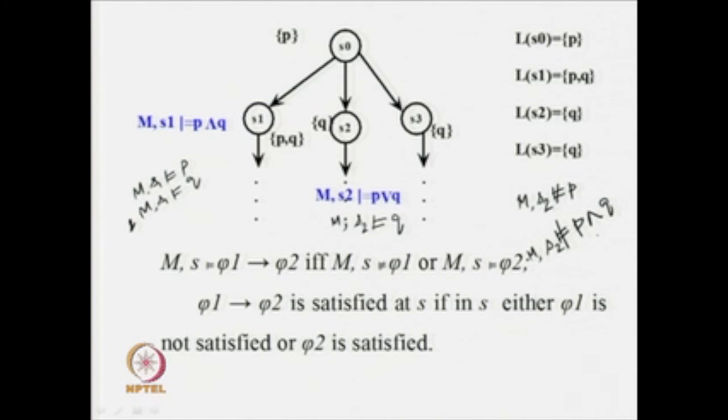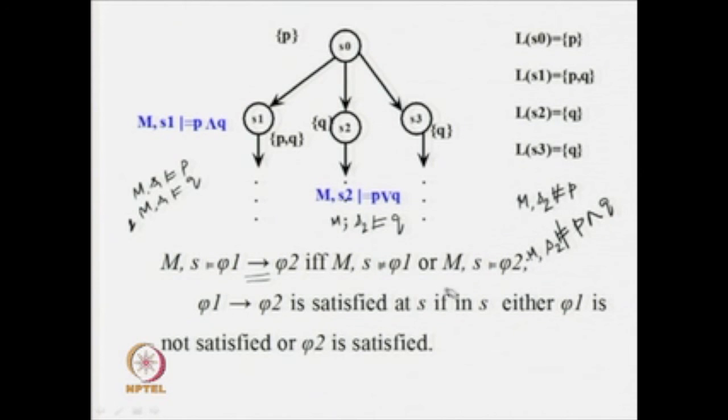So, similarly, now we come to this particular connective, implication, phi 1 implies phi 2. Whether in a particular state S, model M models phi 1 implies phi 2 or not. In this particular case, we will say that this state S models phi 1 implies phi 2 if M, S does not model phi 1 or M, S models phi 2.